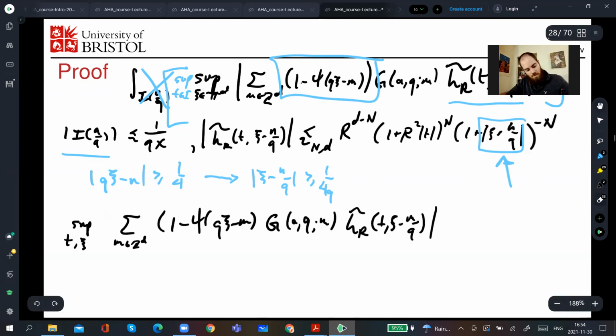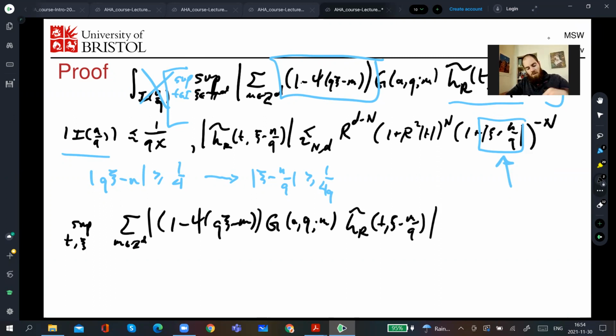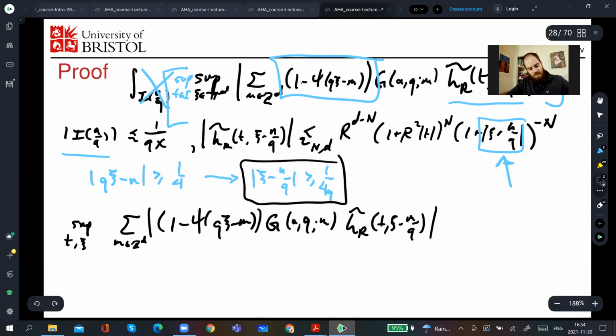I move the absolute value inside. I control all of these terms. Oh, there's a missing parenthesis there. Also, because I have this condition, I can rewrite that as now a sum over m such that c minus m over q is at least 1 over 4q.